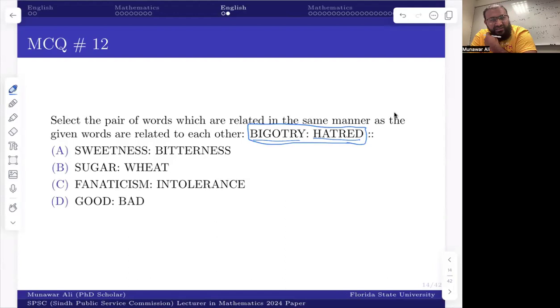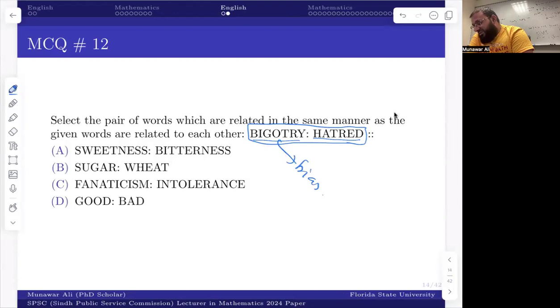Bigotry means being biased toward some sort of group. That feeling of biasness should create some sort of hatred.